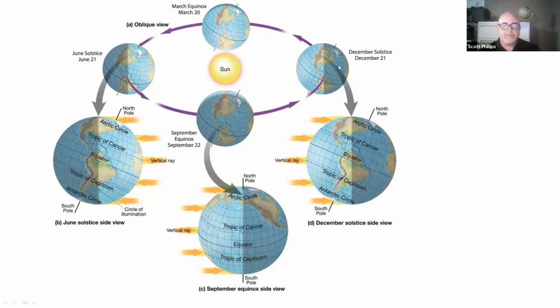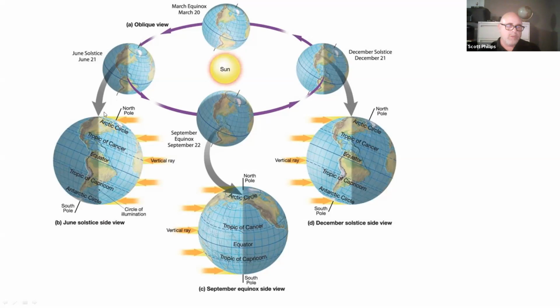So here in December 21st, the sun is directly over the Tropic of Capricorn. The North Pole is in complete darkness, and the southern polar region is in complete daylight. During June 21st, here the sun is directly over the Tropic of Cancer.